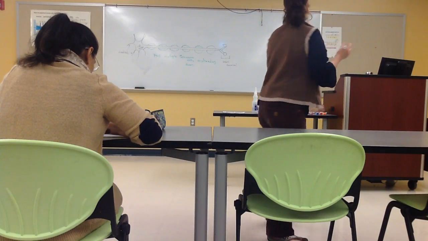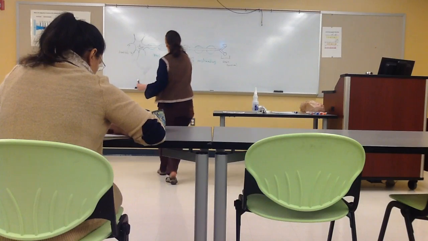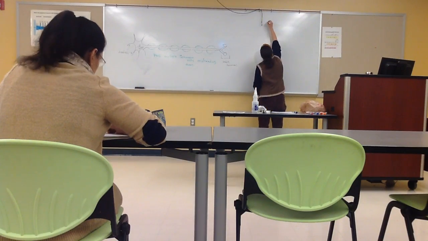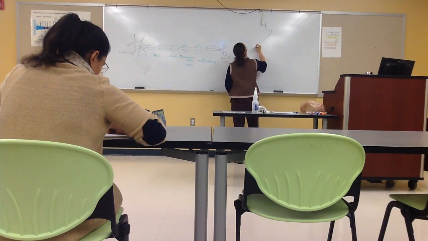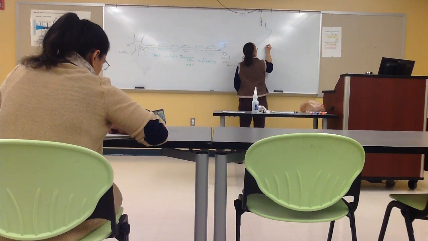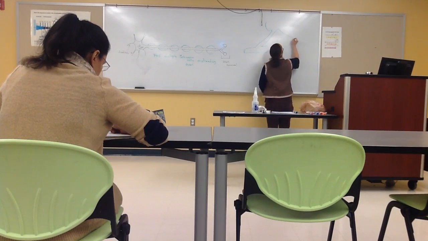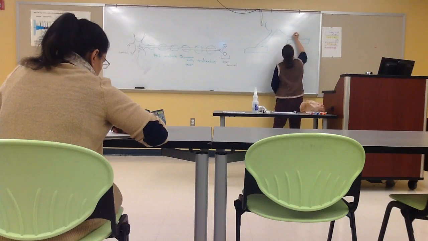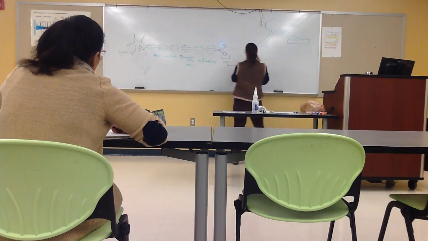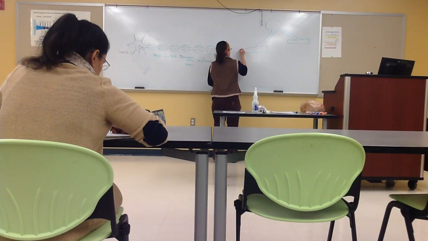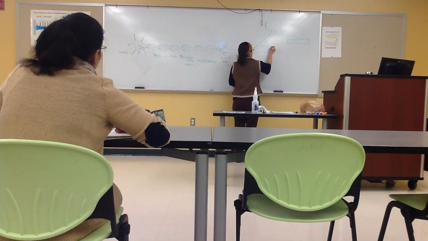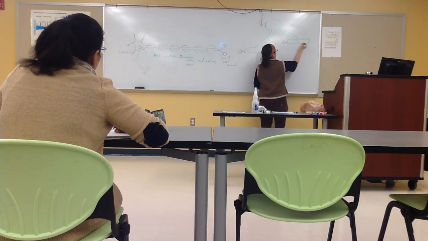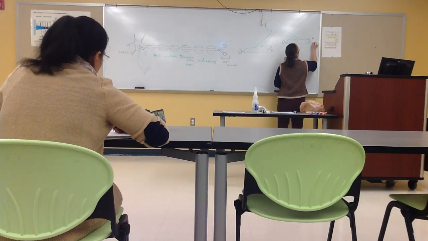And the way that oligodendrocytes work, rather than having this, you'll have this big, huge oligodendrocyte that'll come down and it'll myelinate multiple interneurons.